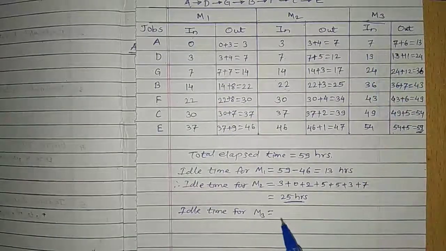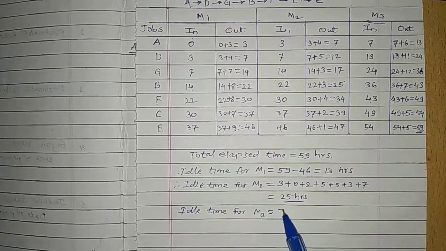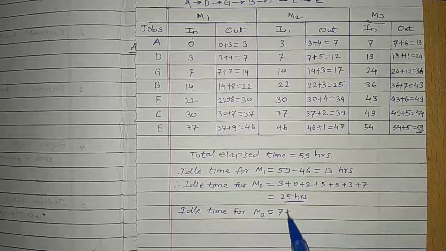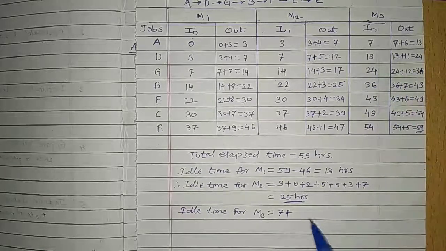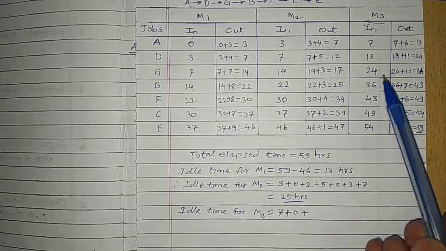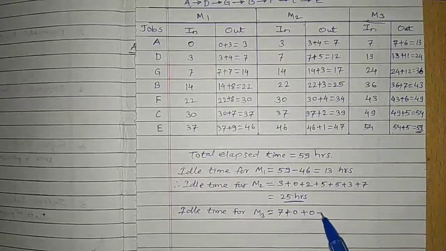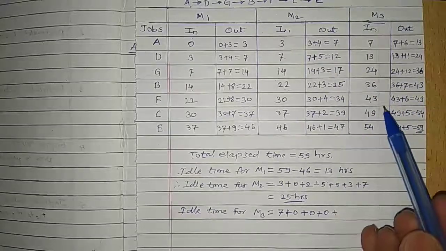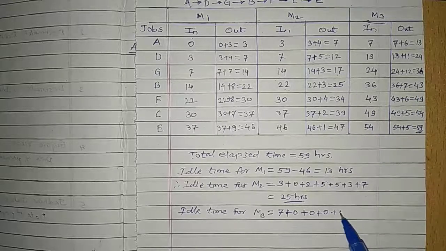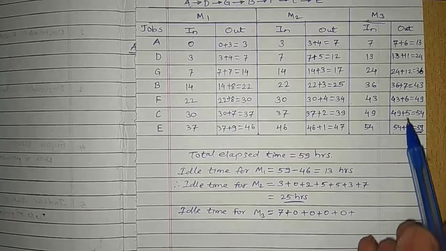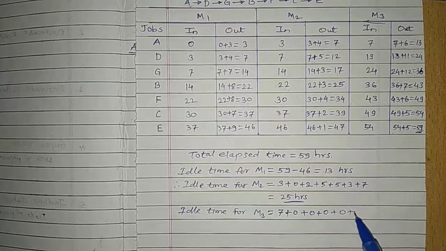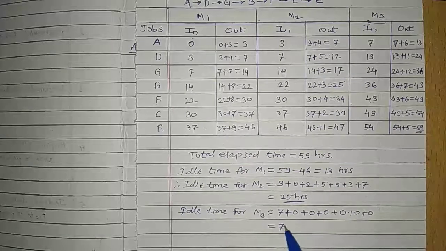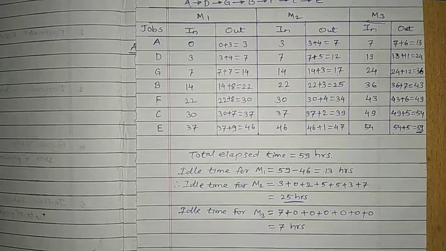This is 7 for first job, the waiting time on machine M3, that is 7, plus 13 minus 13, 0, plus 24 minus 24, 0, plus 36 minus 36, 0, plus 43 minus 43, 0, plus 49 minus 49, 0, plus 54 minus 54, 0. So for machine M3, the idle time is 7 hours.